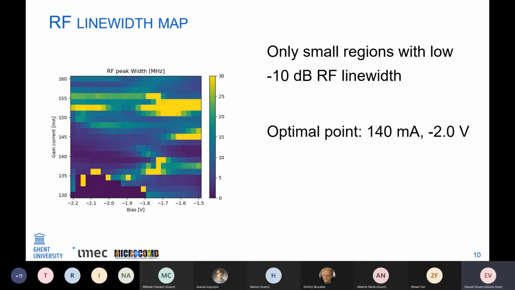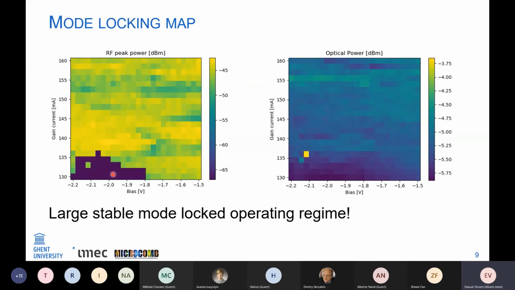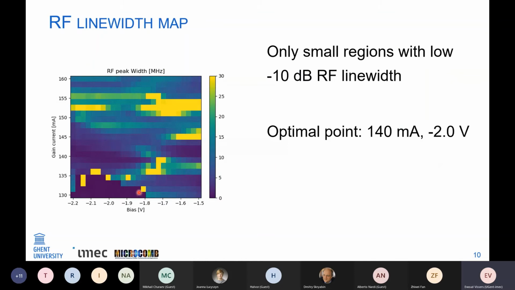So then I also started to check in which operating regions we get a small line width. In here, it's actually the region where we have no power in the RF beat note, so we're not gonna look at this.